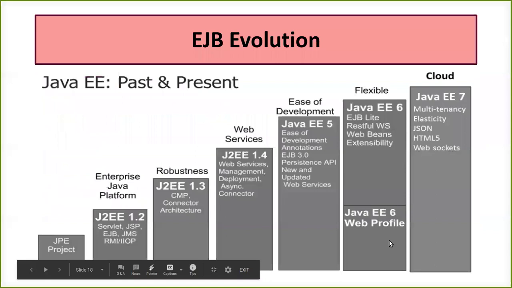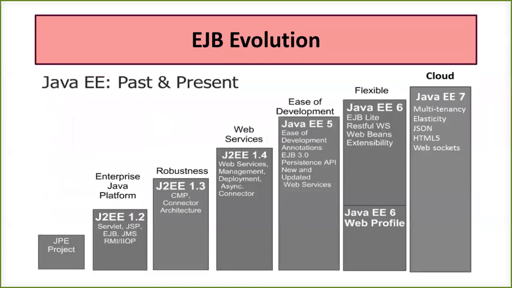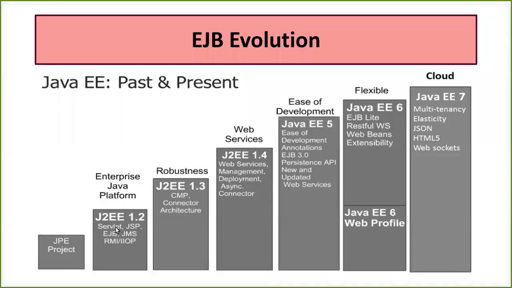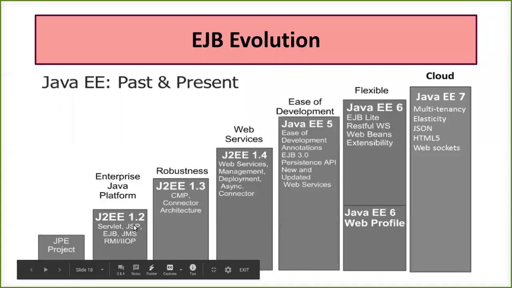Next is the EJB evolution, the past and the present. The very first thing is that Java J2EE, the enterprise edition, was introduced in the second version of Java, where servlet, JSP and EJB all came into the picture. So we had an option to develop an enterprise application.